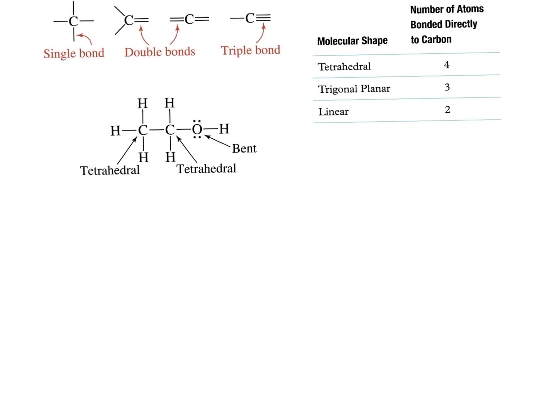Now, I want to talk about the polarity of larger molecules. This a lot of times depends on the structure. Every time it's going to depend on the structure when we talk about the polarity of larger molecules. And so we're going to have a general rule.